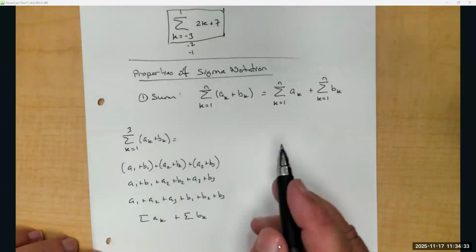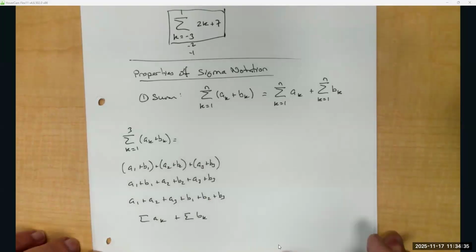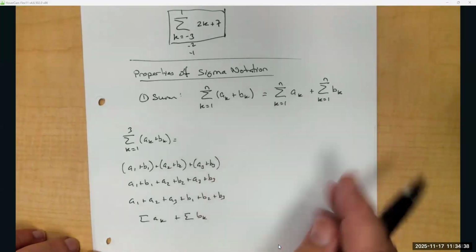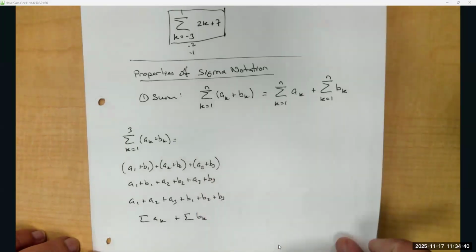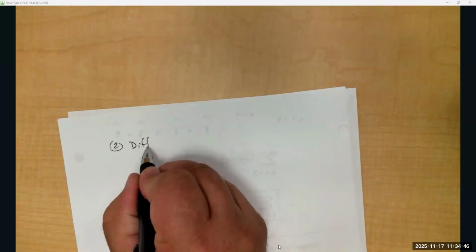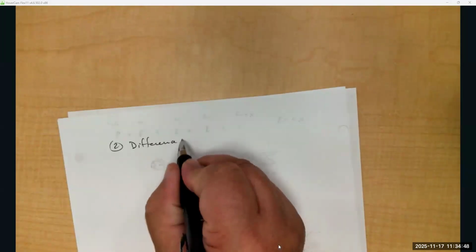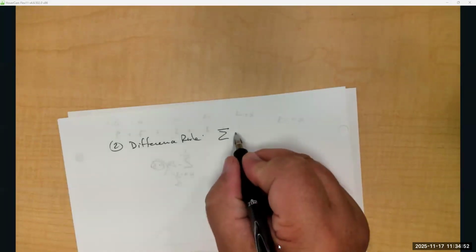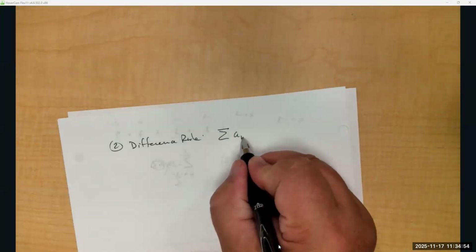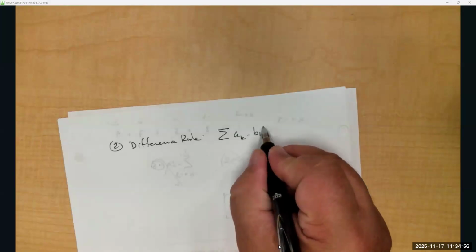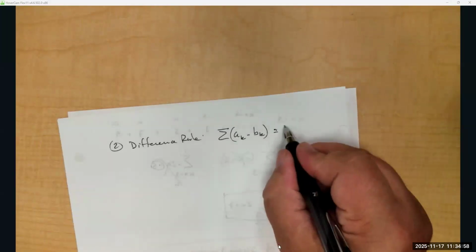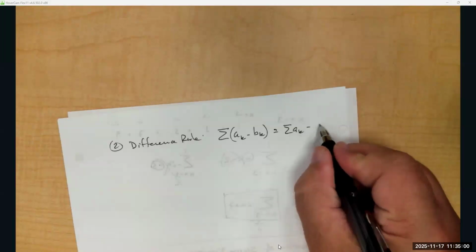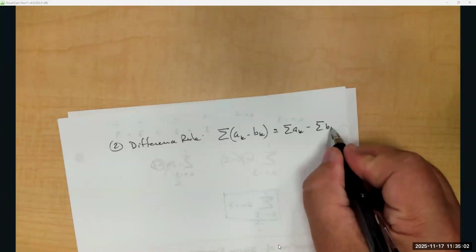So the sum rule says that. The difference rule says the same thing. Instead of a plus, I have a minus. The difference rule says the summation of A sub k minus B sub k is equal to the summation of A sub k minus the summation of B sub k.